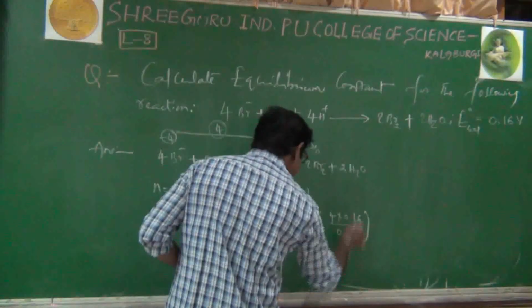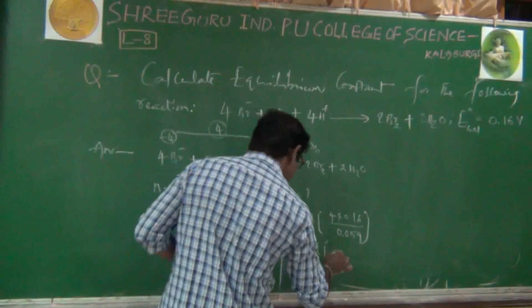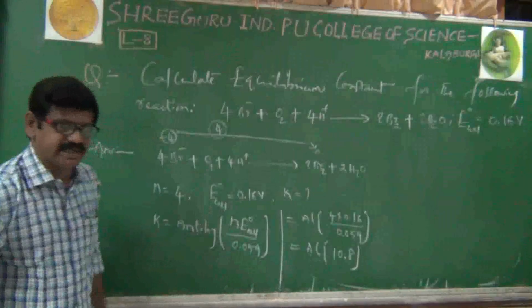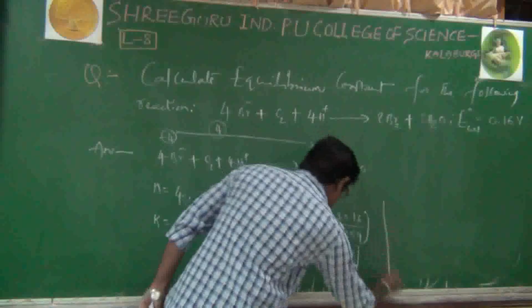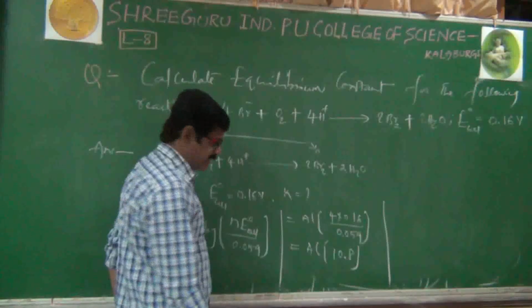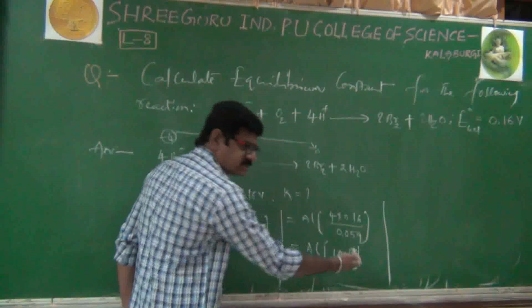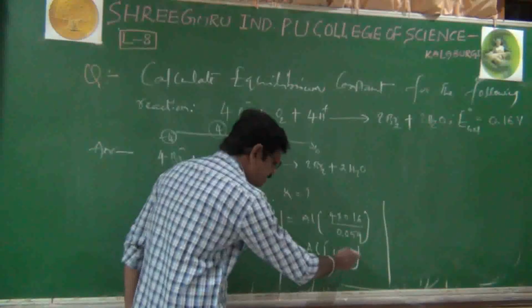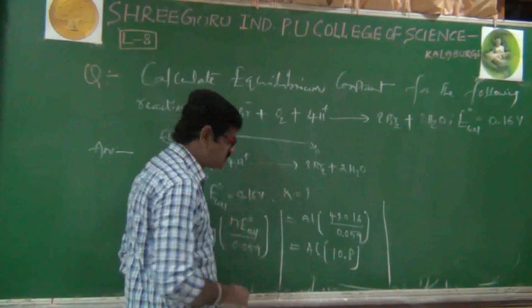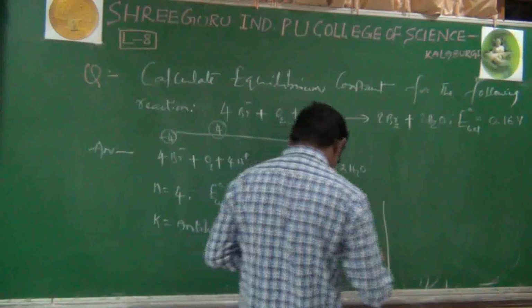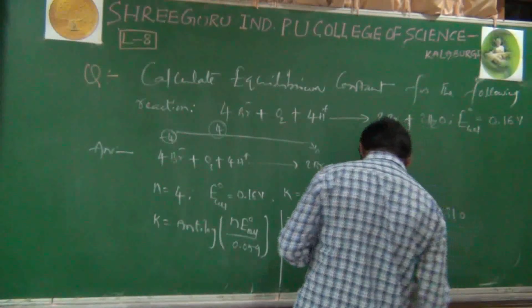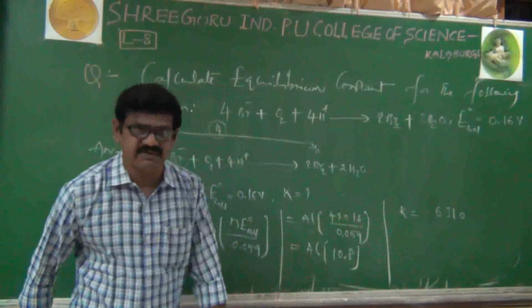Antilog of, if you simplify this value, you will get nearly 10.8. Again, what we have to do in the antilog table: 0.8, nothing but 0.80 in 0, we have to see. If you see 0.80 in 0, the obtained value is 6310. K is equal to 6310. But 6310 is not the final answer.